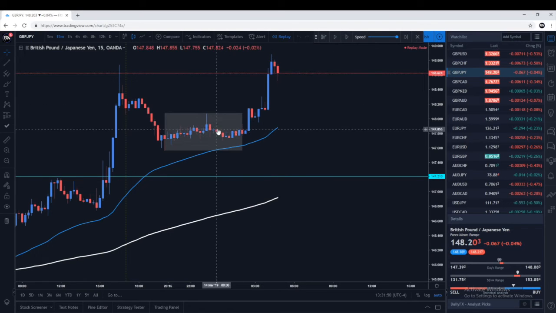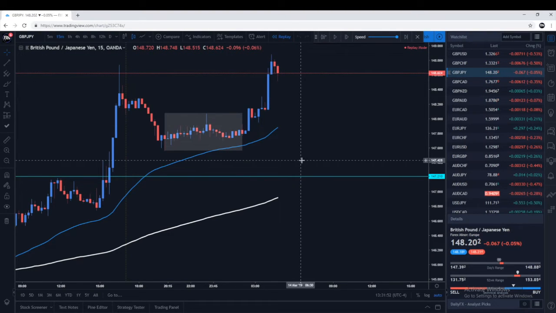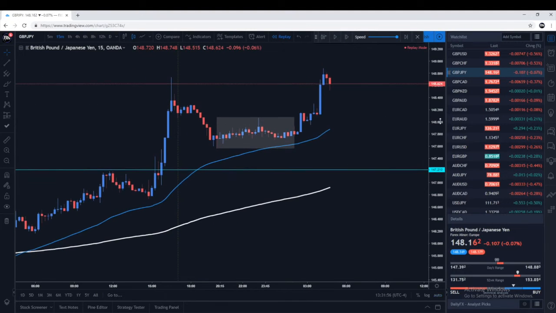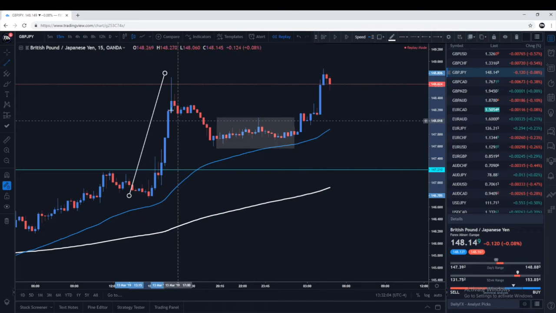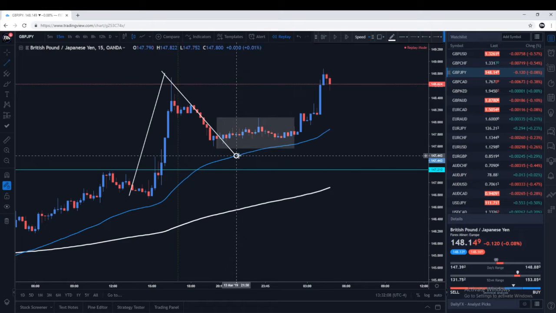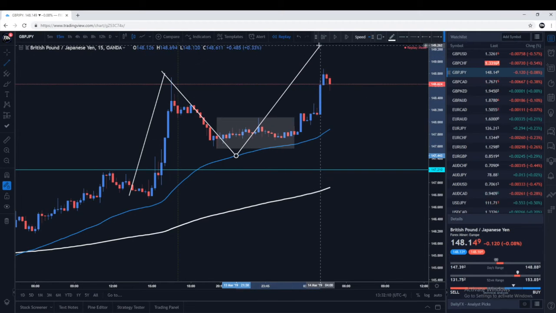Now what's the reason for them going back up? If you think about these traders that they have trapped here, what were they thinking? They were thinking long. Well, if you come back down as a retracement, you can convince them that it's still good to go long, because they're expecting this move here to happen.